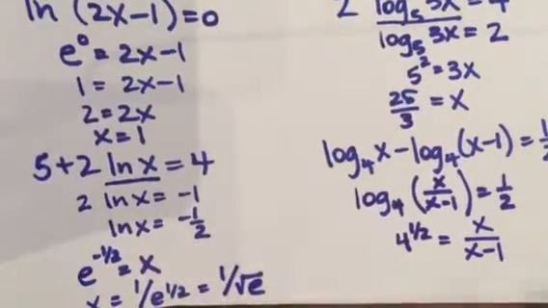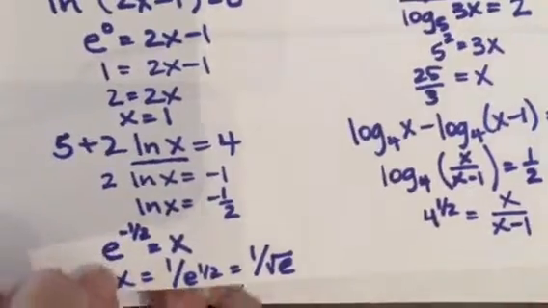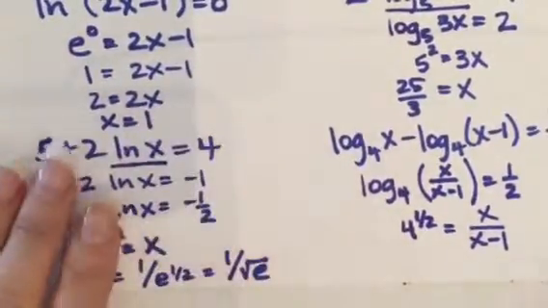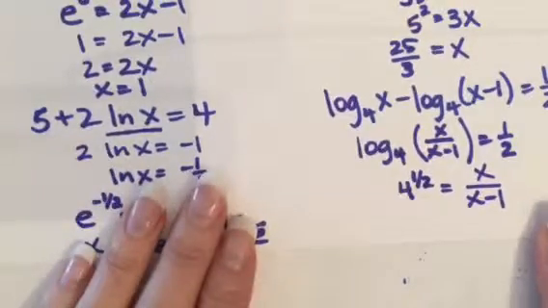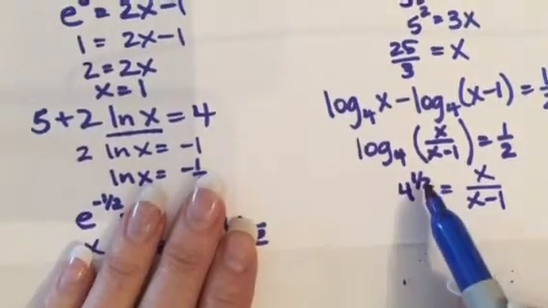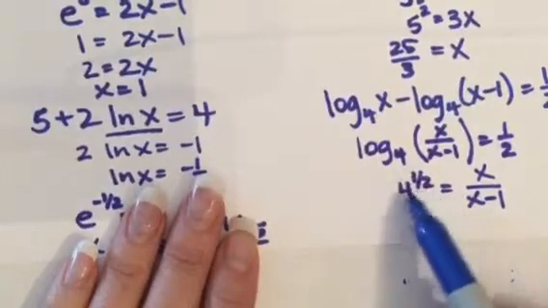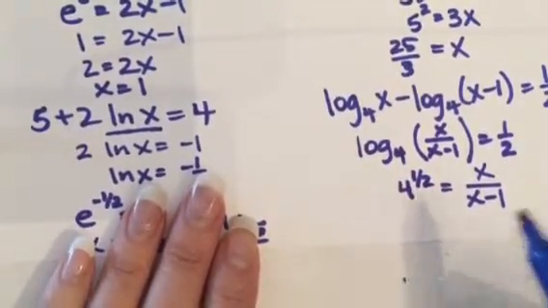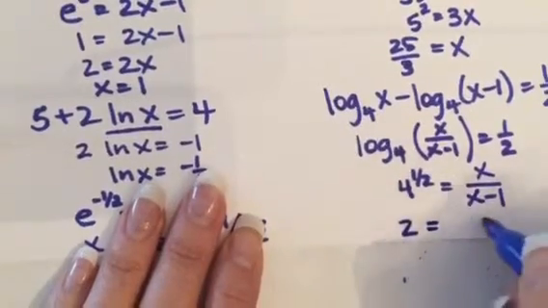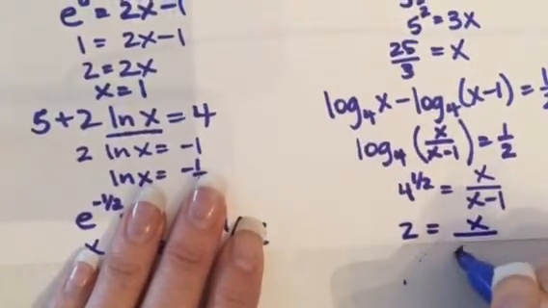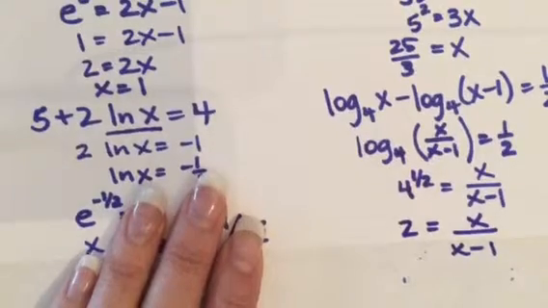Which we're looking good. Okay, we're looking like we can continue and finish this off. All right, so I think the 1/2 power, isn't that a square root? So this is really the square root of 4, which is also known as 2. So this is 2 is equal to x over x minus 1.